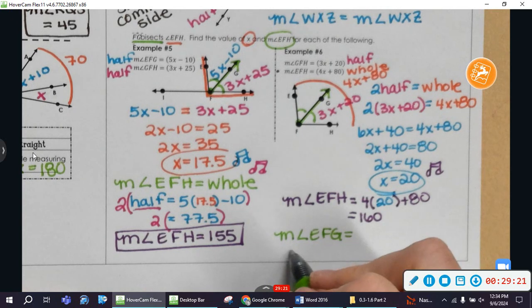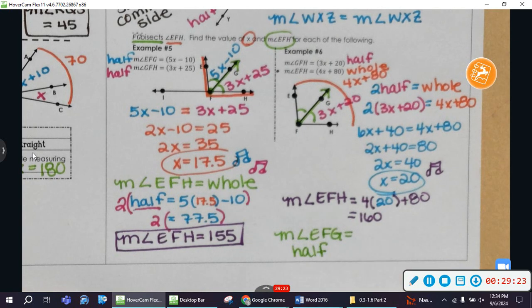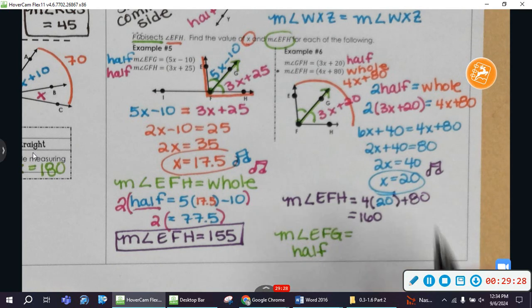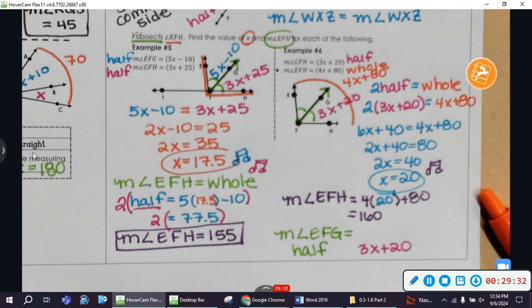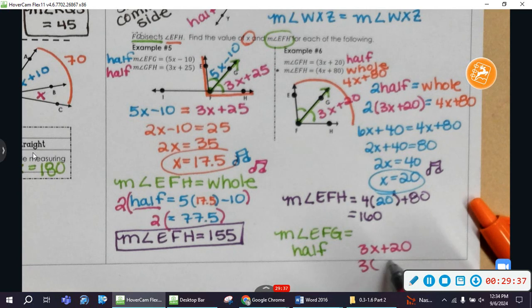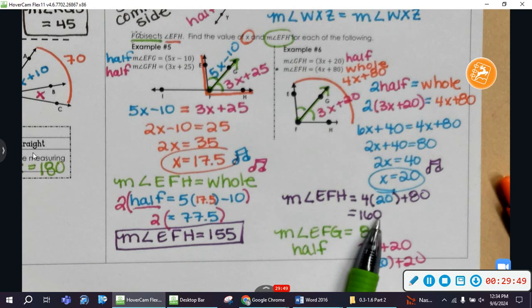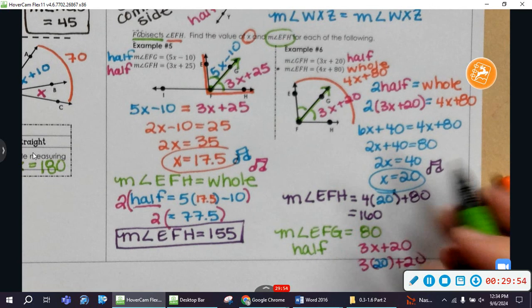But remember that this is half, so I can plug it into what is considered half, and that's our 3x plus 20, and so we have 3 times 20, which is 60, and 60 plus 20 gives us 80. And so earlier, remember, we said the whole thing was 160. If it's half, well, half of 160 is 80, so that makes sense.